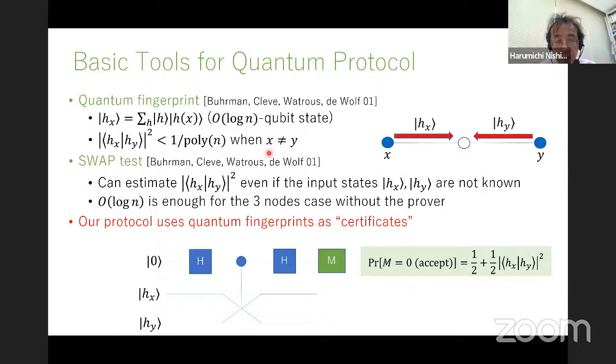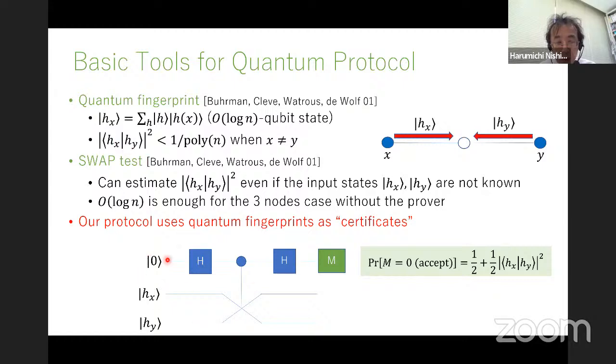Namely, if X is not Y, then the two fingerprints are almost orthogonal. The second trick is the famous swap test. If X equals Y, then the fingerprints are the same. On the other hand, if X is not equal to Y, the fingerprints are orthogonal.